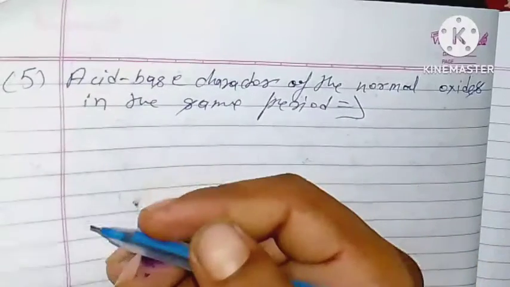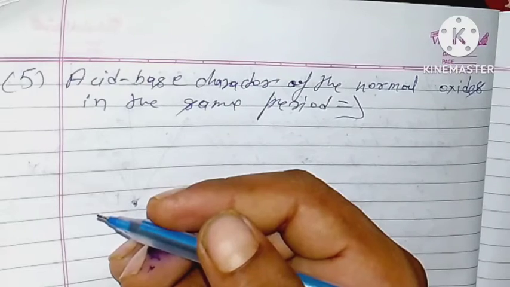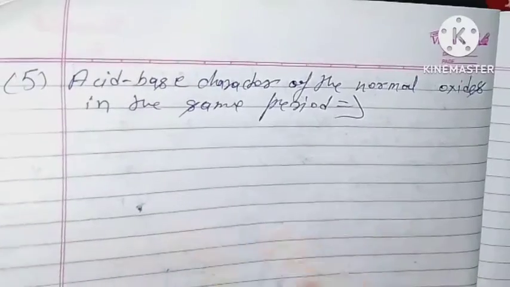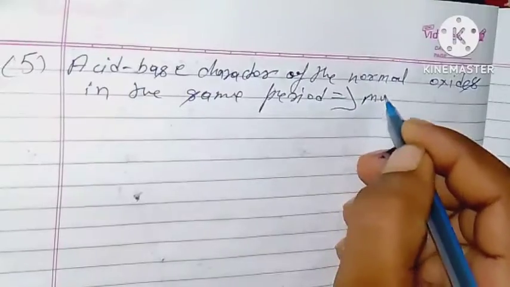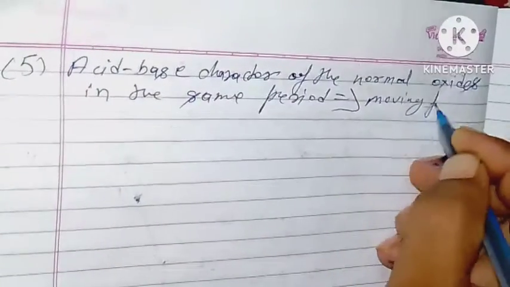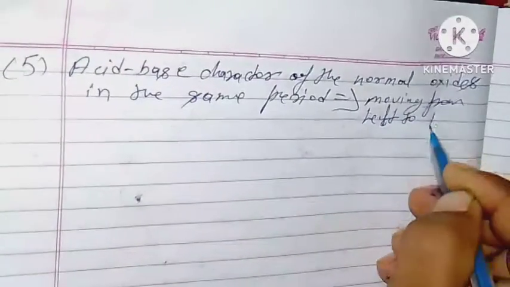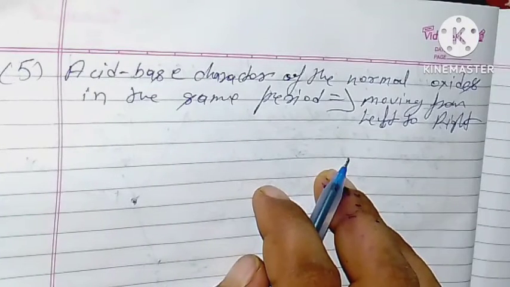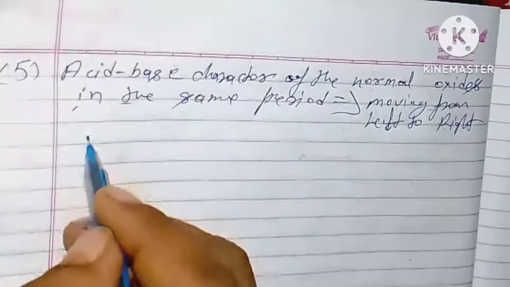Moving from left to right in a period, the acidic character of the normal oxides increases.